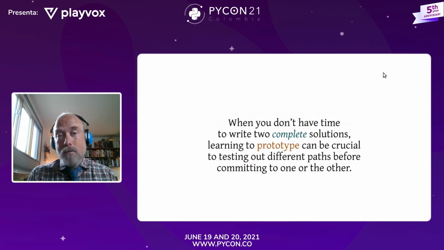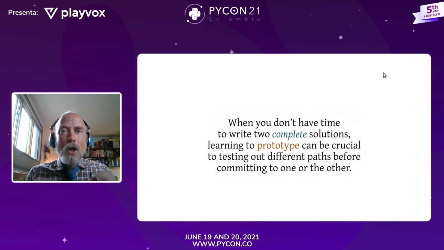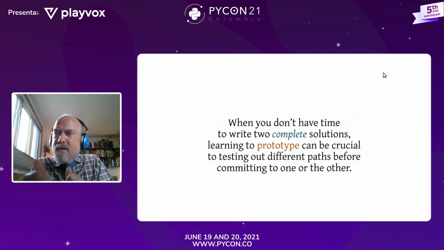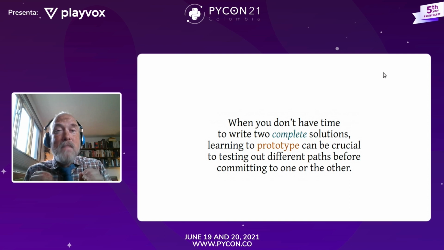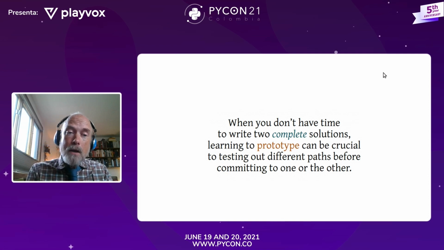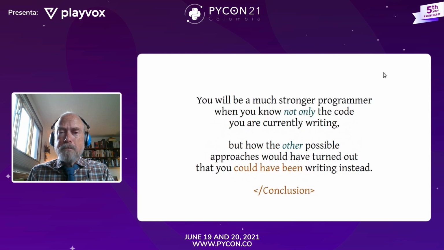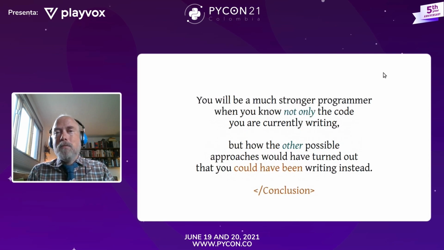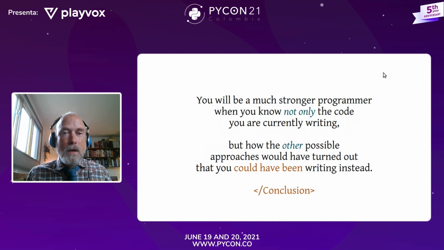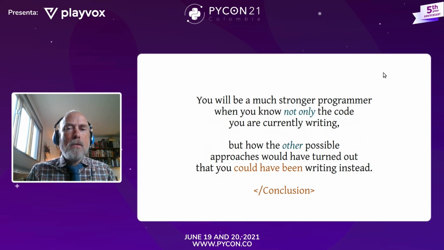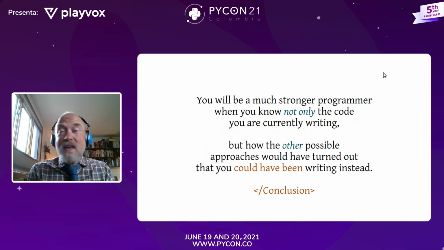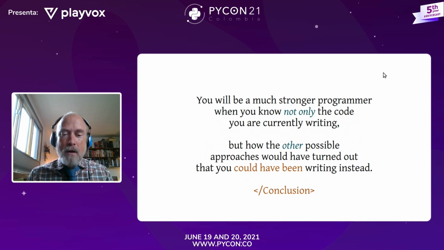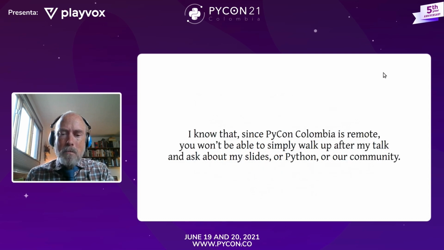When you don't have time to write two complete solutions, learning to prototype can be crucial to testing out different paths before committing your project to one or the other. You will be a much stronger programmer when you know not only the code you are currently writing, but how the other possible approaches would have turned out that you could have been writing instead. So that's the conclusion I'll draw from this example for us today.